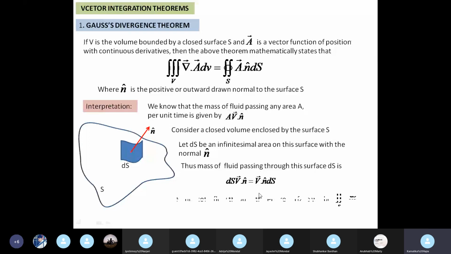So the total flow, this surface is made up of n such infinitesimal surfaces, so you have to integrate over dS to find the total flow through the entire surface. So you have to do this integration v dot n cap dS.